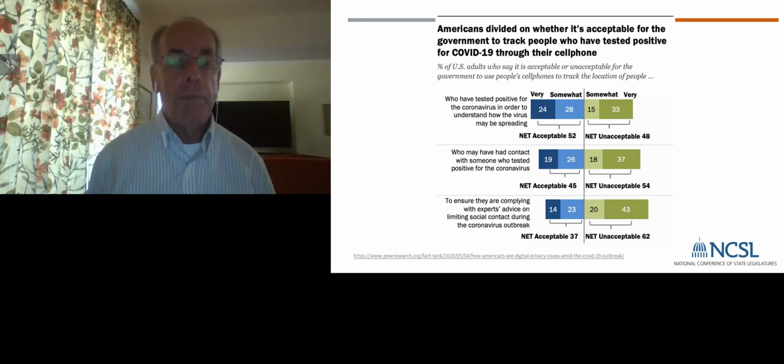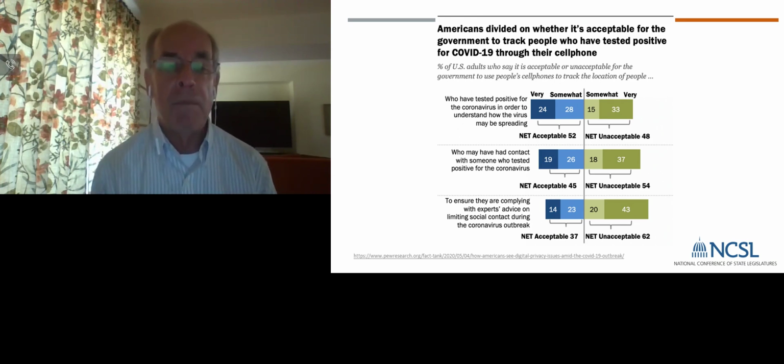So, more people than not, just a little bit, say that it would be acceptable for digital cell phone apps to be used for finding those who have tested positive for the coronavirus in order to understand how the virus is spreading. But then they're not as comfortable with the idea that the people who might have been in contact with somebody else are monitored through cell phone digital apps.